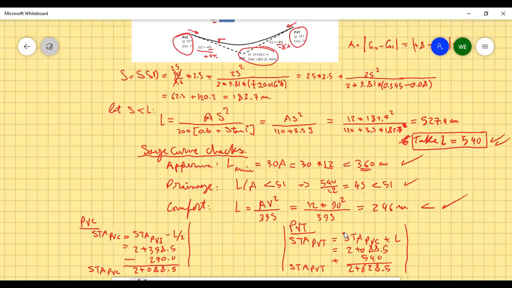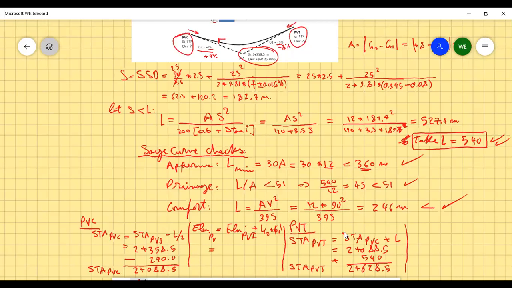For the elevation of PVC, it's equal to elevation of BVI plus L over 2 multiply G1. And G1 here we take it as an absolute value.